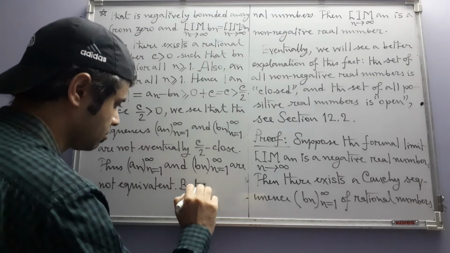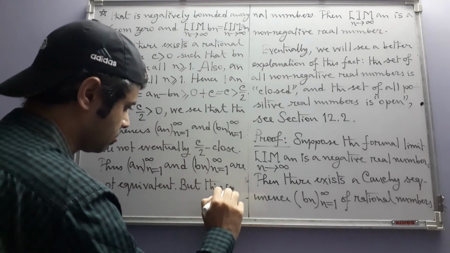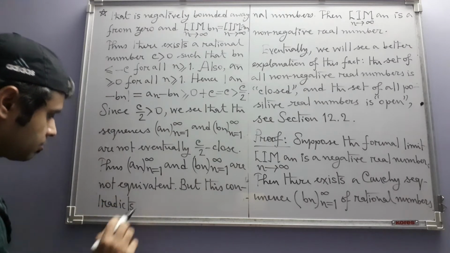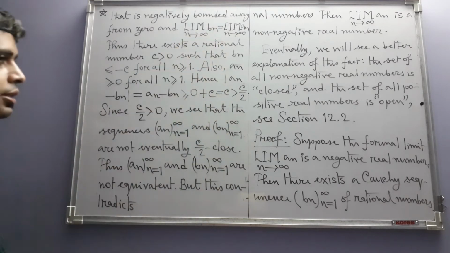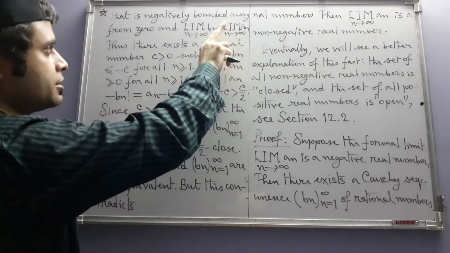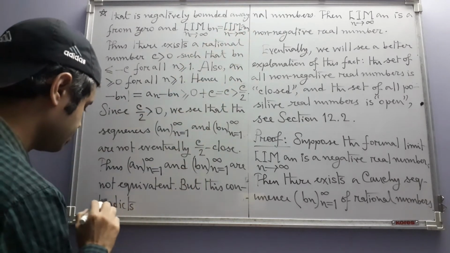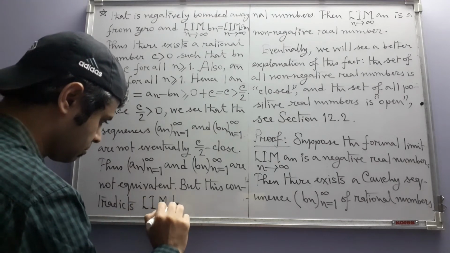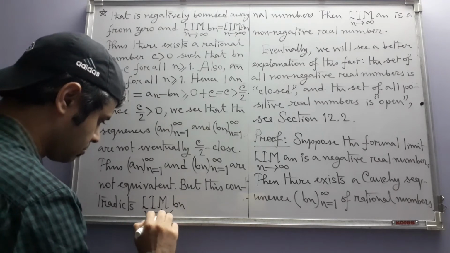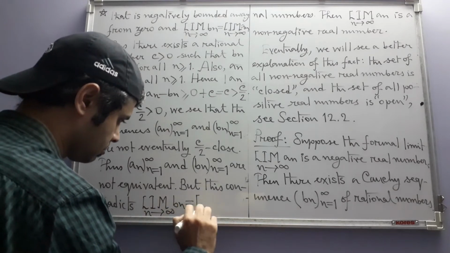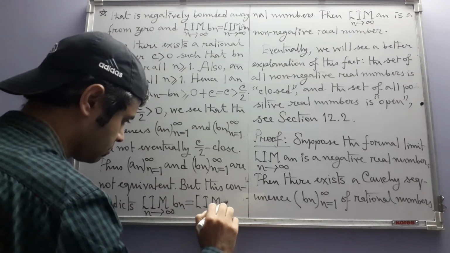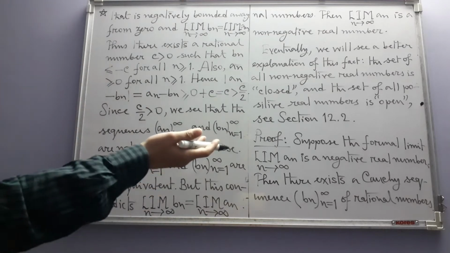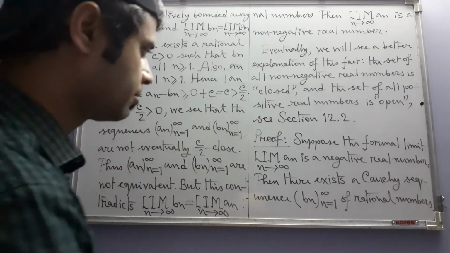But this contradicts this equality, because the meaning of this equality is that an and bn are equivalent. So that means our first supposition is wrong.